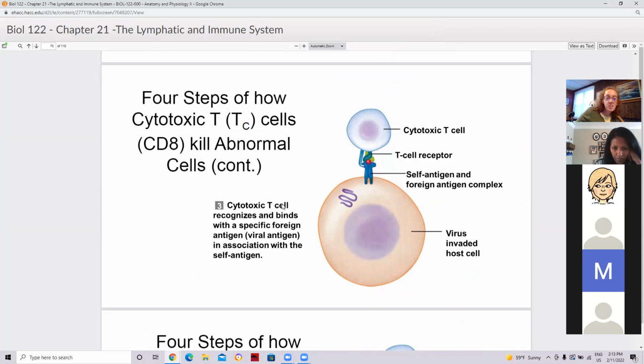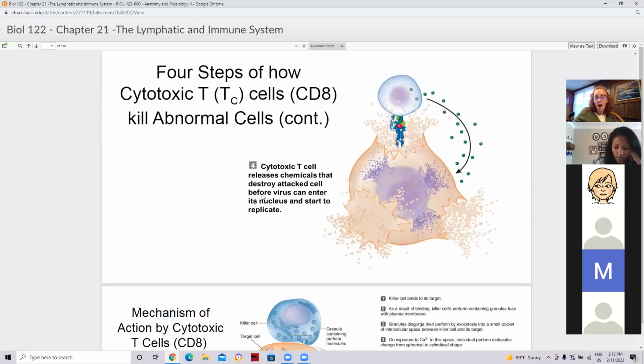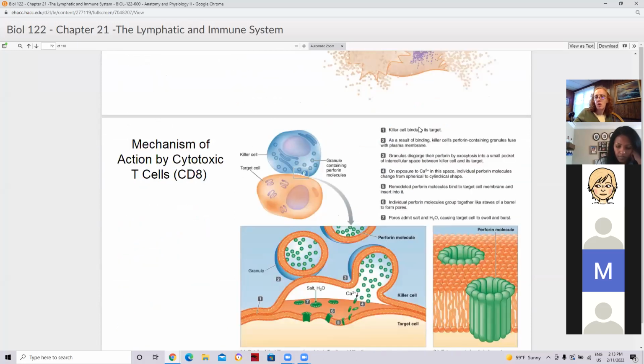So the cytotoxic T cell is going to recognize and bind to the CD19 molecule on the cancer cell. Afterwards, the next thing it's going to do is that CAR T cell is going to release chemicals that are going to destroy the cancer cell. It's going to release perforins and destroy it. Or you could even use this instead.